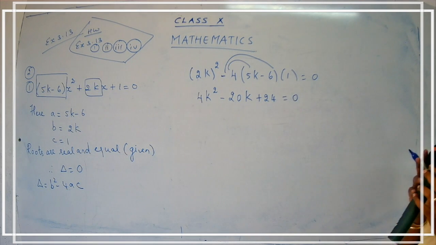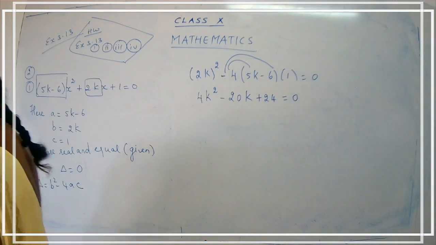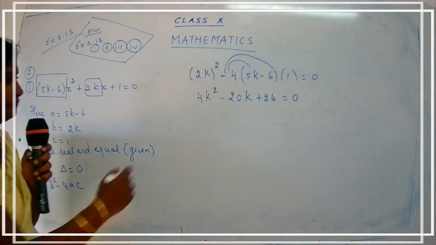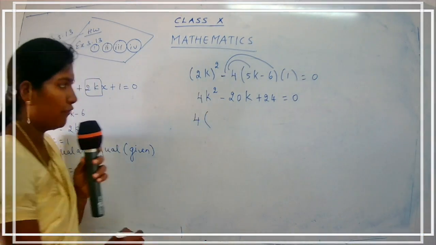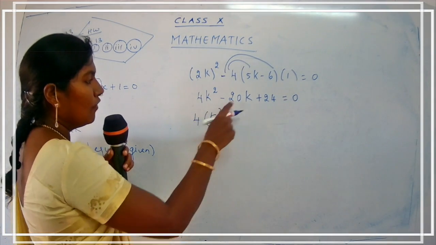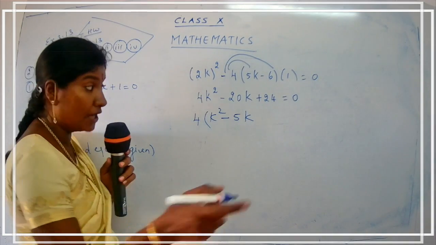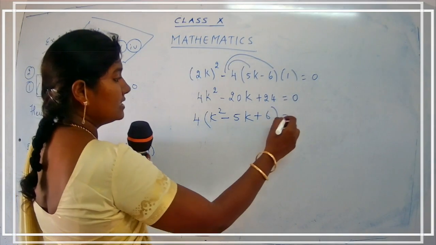Okay, so now what can be taken common here, children? Just see. 4 can be taken common because 4, 20 and 24. So you can take the number 4 common. Let's take 4 common. So 4, if I take 4 common, what is left here? K square minus 4 5s are 20. So 5k. 4 6s are 24 plus 6 is equal to 0.